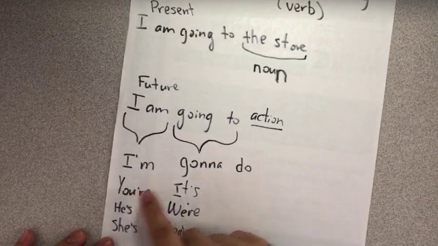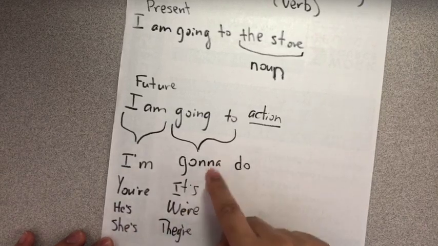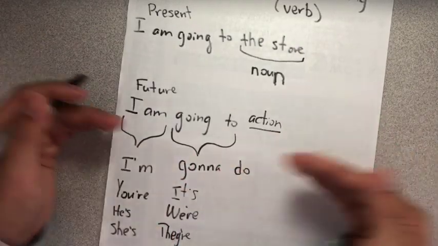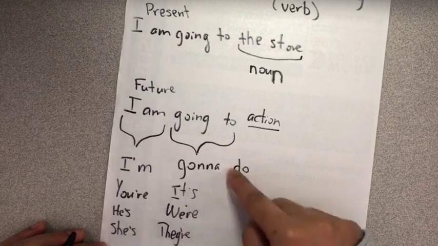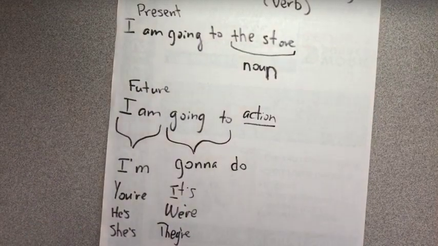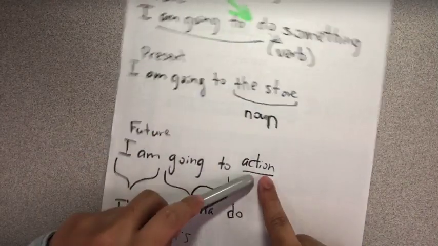Or we can say you are gonna, he is gonna, she is gonna, it is gonna, we are gonna, they are gonna. But hey, if we're making this short, let's make everything short. So we just say you're gonna, we're gonna, he's gonna, it's gonna, they're gonna. Use gonna. And remember, we only use gonna for the future and for actions.